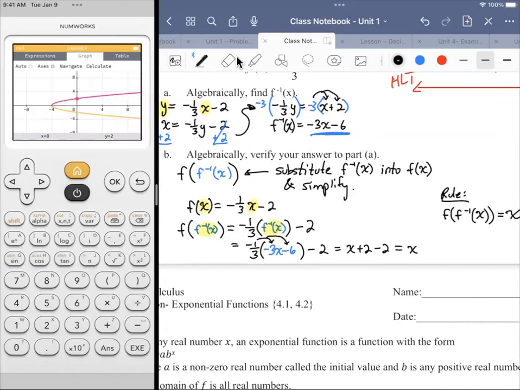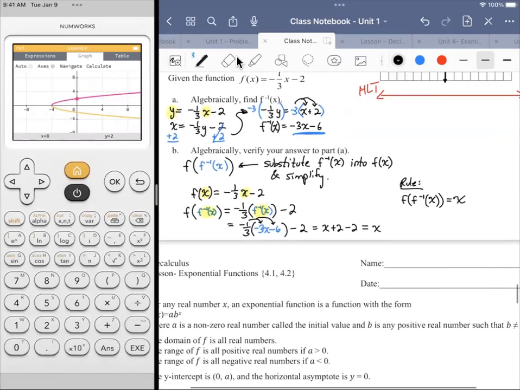Now, if I tell you f of x is this and f negative 1 of x is that, I'm basically telling you that the second function is the inverse of the first function. So it's kind of like a little gray area, but that's the gist of it.